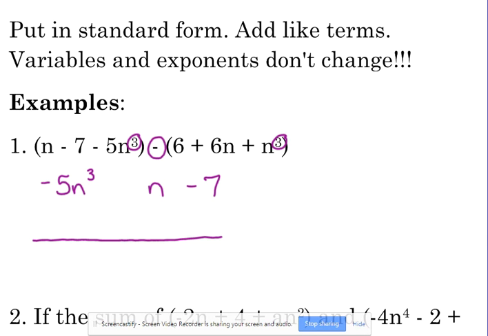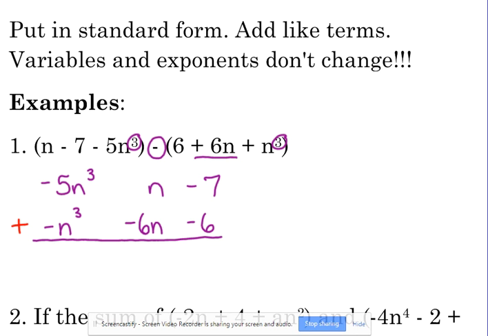It was positive n cubed, so it's negative n cubed. This one also doesn't have an n squared, so I go to my n. It was positive 6n, so that's negative 6n. And my constant term was positive 6, so now it's negative 6.